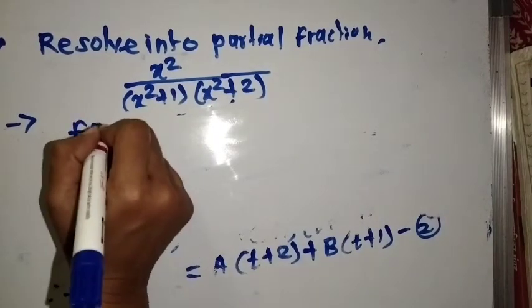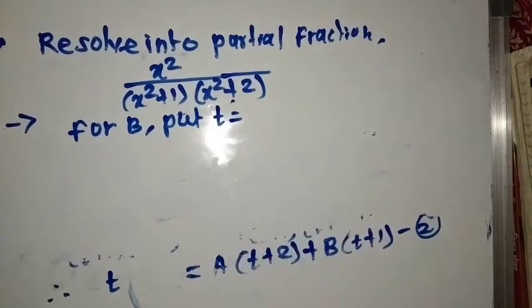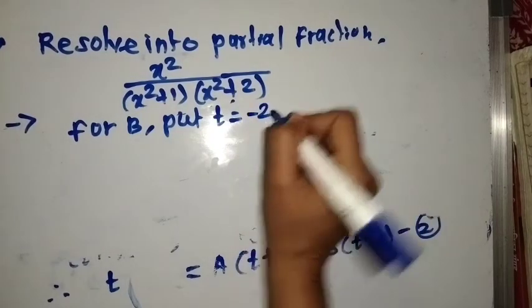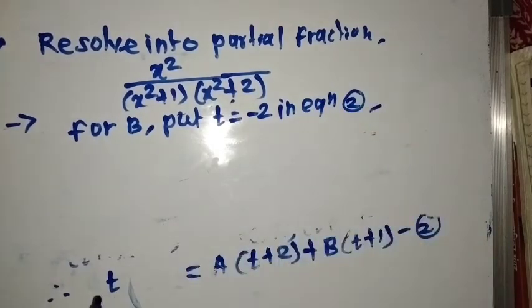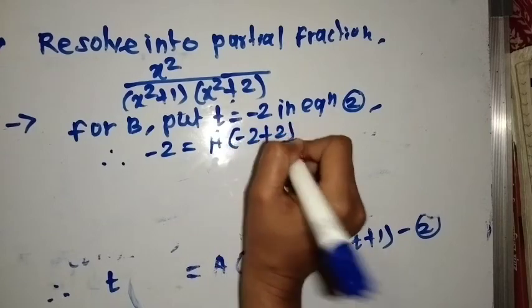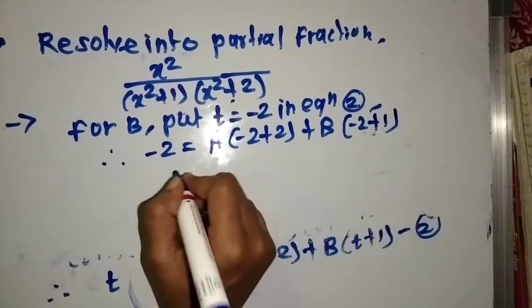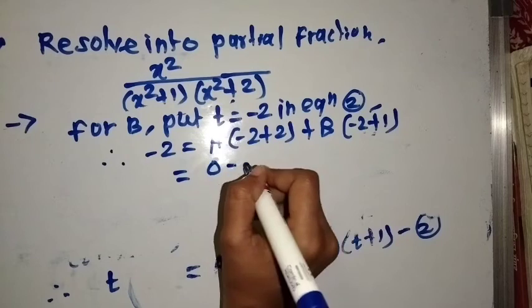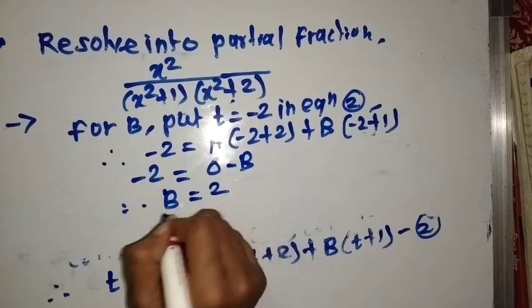Hence for b, put t is equal to, its value should become 0, for that t is equal to minus 2 in equation 2. Hence we get minus 2 is equal to a into minus 2 plus 2 plus b into minus 2 plus 1. Hence we get 0 minus b. Hence we get b is equal to 2.